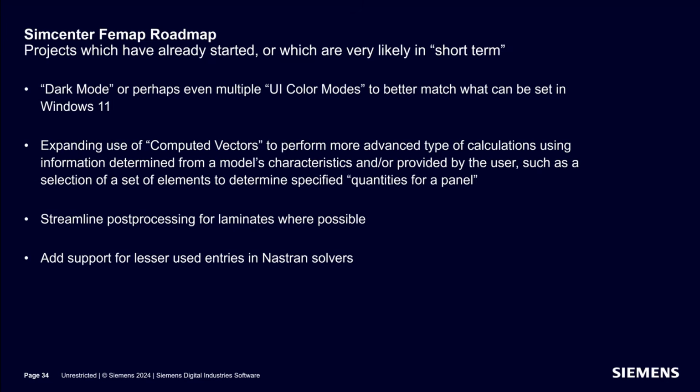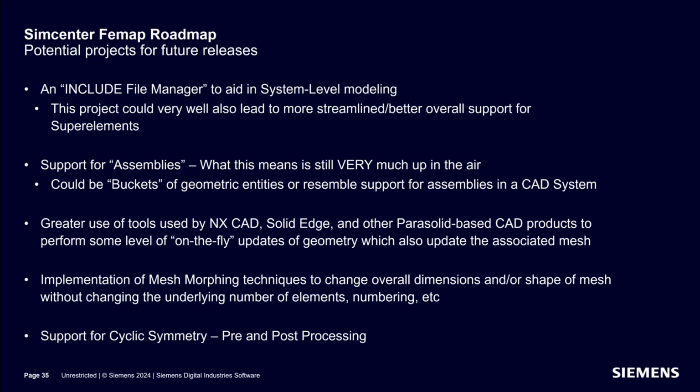Max shear flow in a panel, panel buckling, these type of things. So we already have the computed vectors stuff that can do it on the fly for you. Store it or do it on the fly. But it's all in Femap now, in the computed vectors. You don't have to access it via the API.